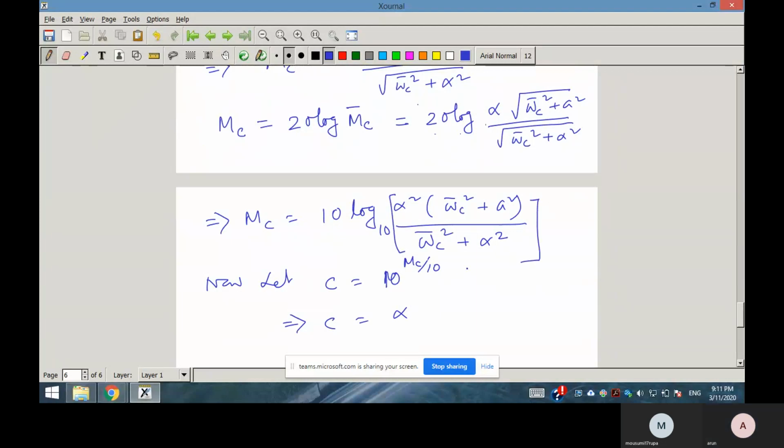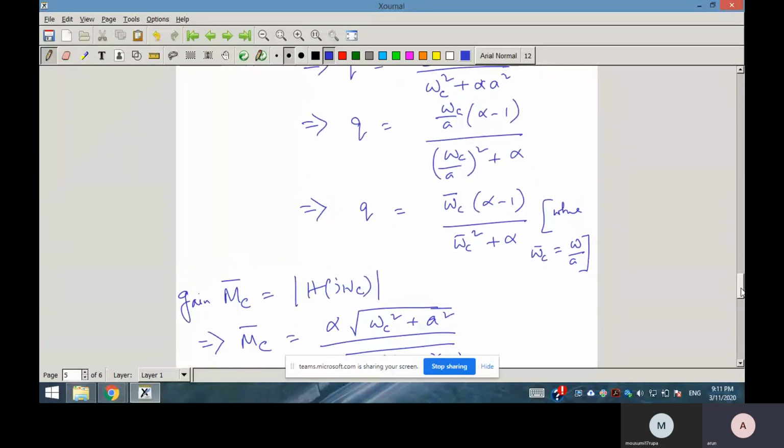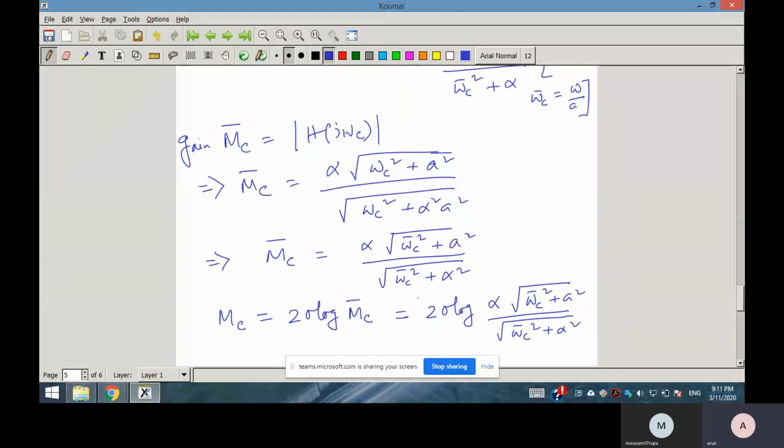MC in dB is given, so then C we are defining as 10 to the power MC by 10. Then C will be what? Alpha square into omega c bar square plus 1, because when you are normalizing, this will be 1.